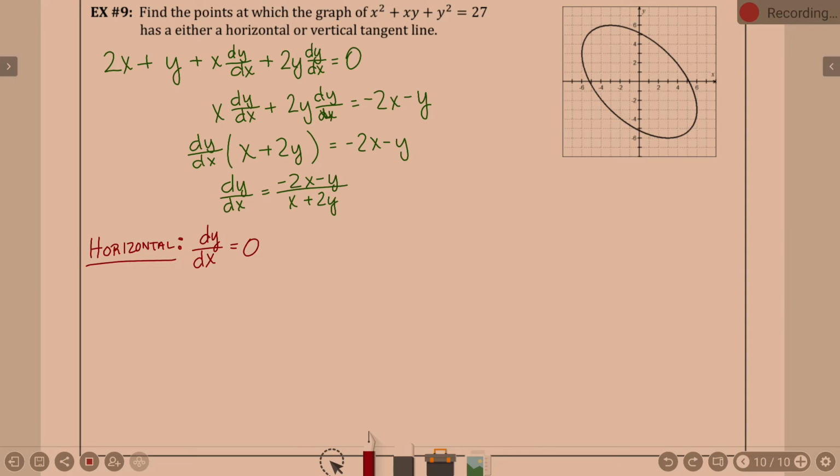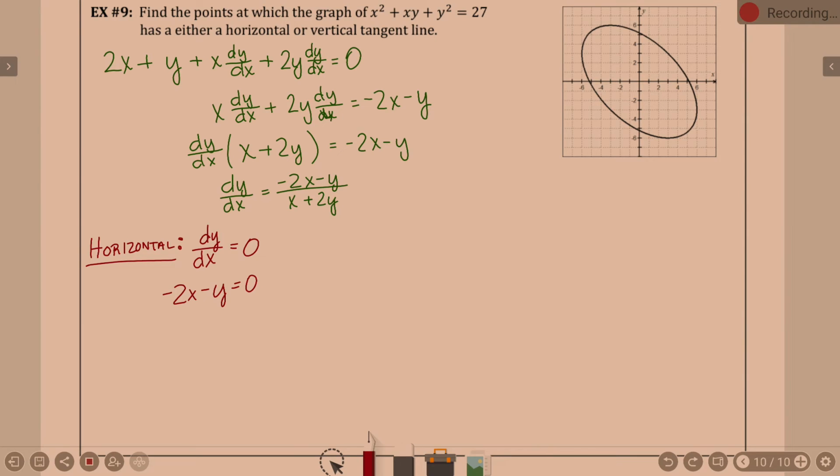Now, our dy dx is a fraction. When is a fraction 0? When the numerator is 0. So for horizontal, you really only have to worry about the numerator. You can just set negative 2x minus y equal to 0.